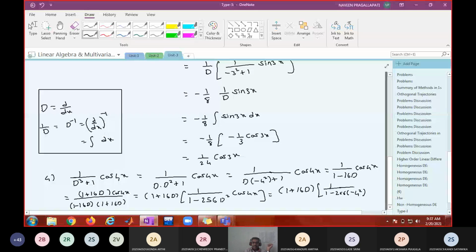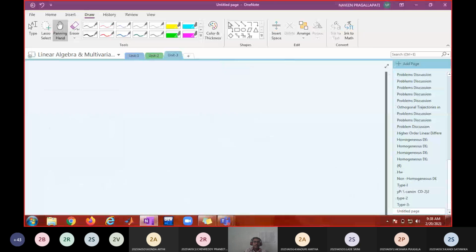So this is a constant. Constant can be taken out. 1 plus 16D operated on cos 4x. What is 256 into 16? Please compute it in your calculator. 4096.